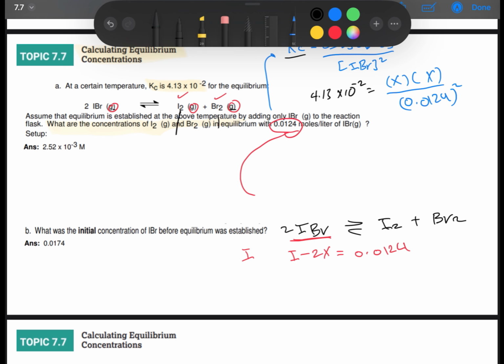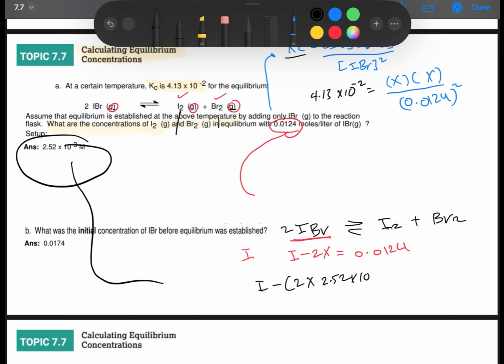Okay. Now I just say the initial is unknown, minus the value of X that I determined. Actually, it represents it in here, calculate it. So you have to say it equals 2 times 2.52 times 10 to the power negative 3, okay? And the overall answer is equal to 0.0124. Now I have to do some math. I minus 0.005 equals 0.0124.